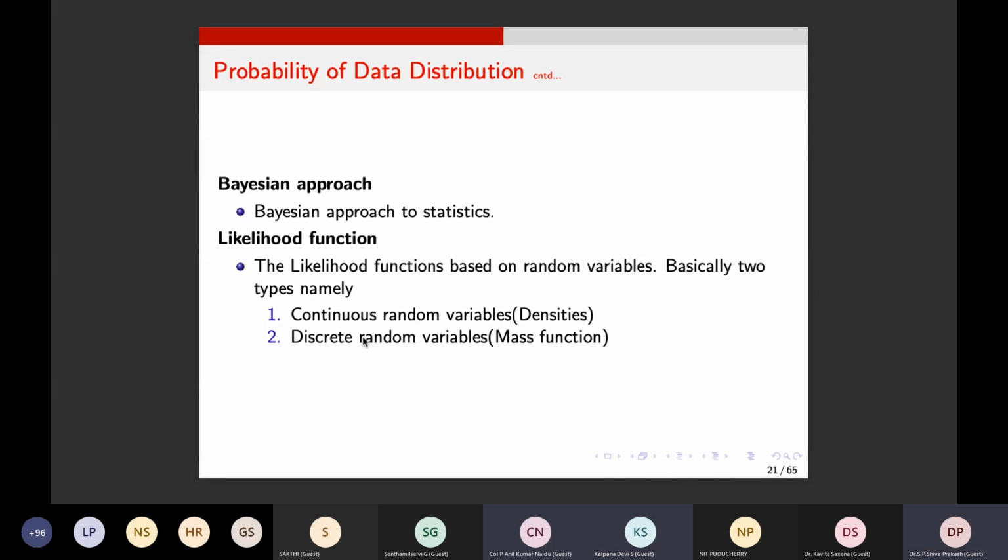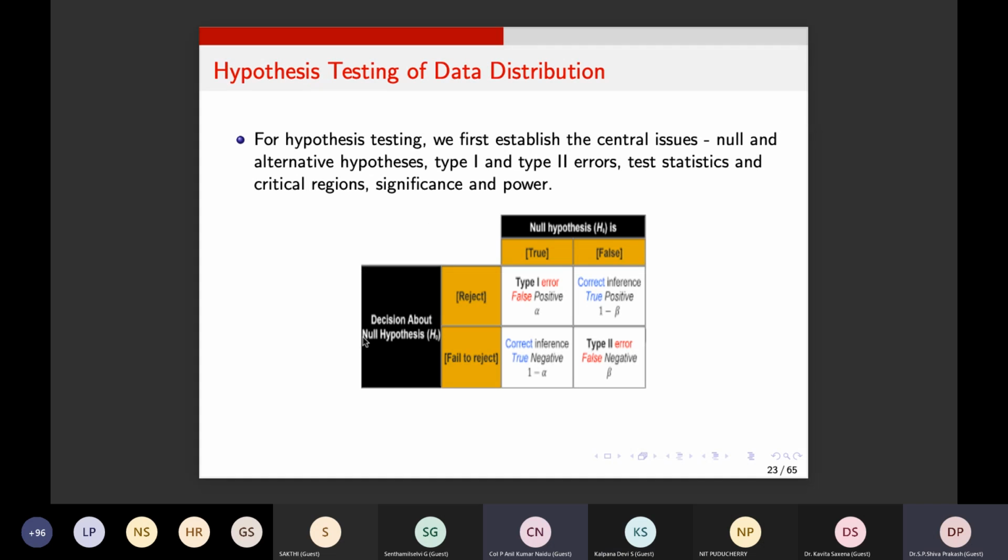So to do this, we try to perform the hypothesis testing of a data distribution. So what we do is we first establish the central issues like null and alternative hypothesis, type 1 and type 2 errors, test statistics, critical regions, and also significance and power.